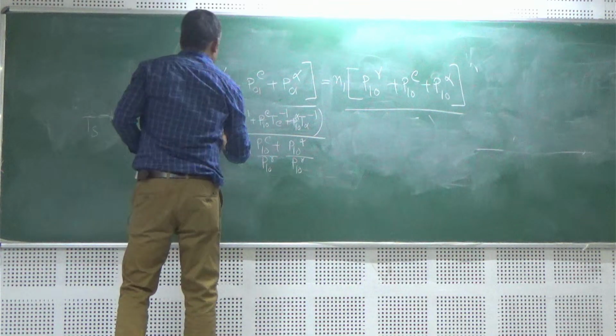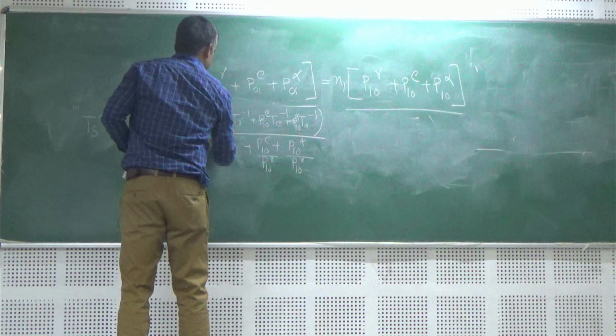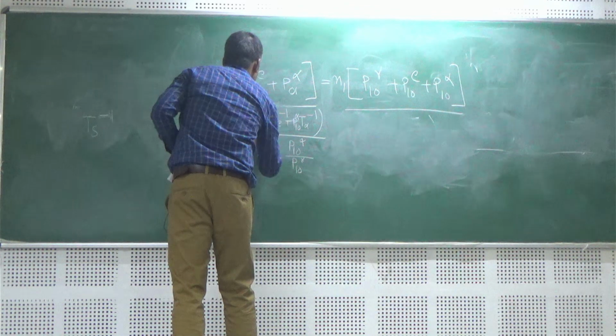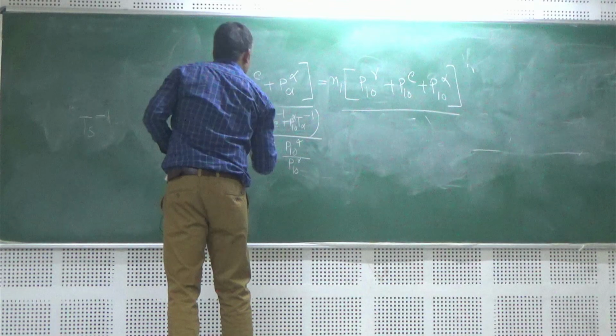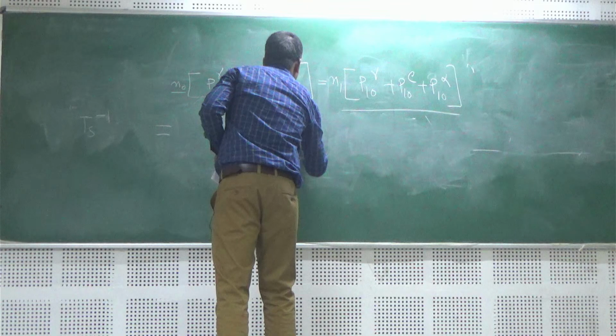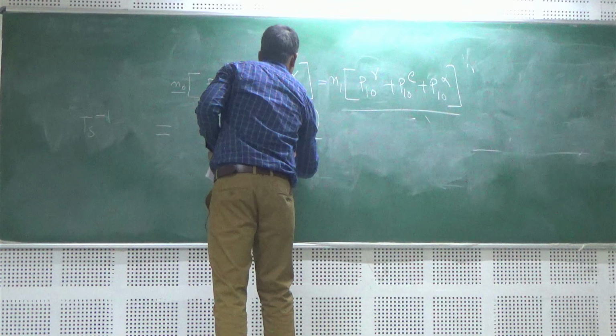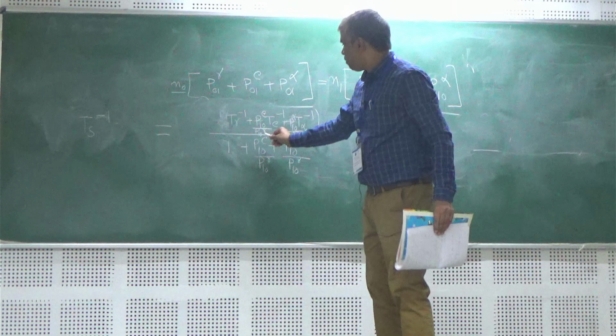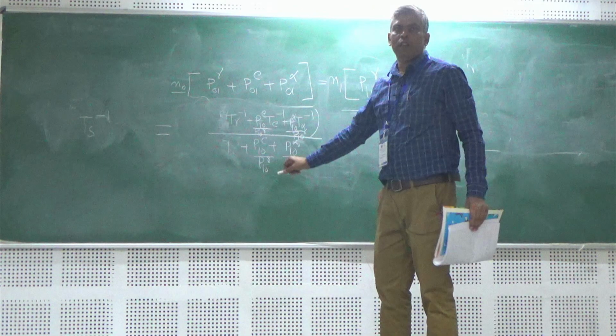Okay, and this is again 1, and this becomes P10 gamma, and this also becomes P10 gamma. So I have just divided by P10 gamma in both sides.